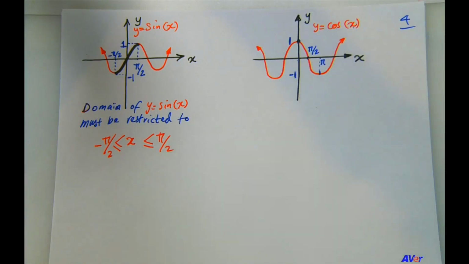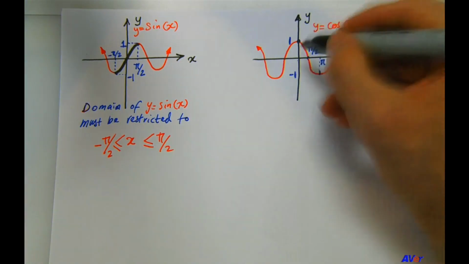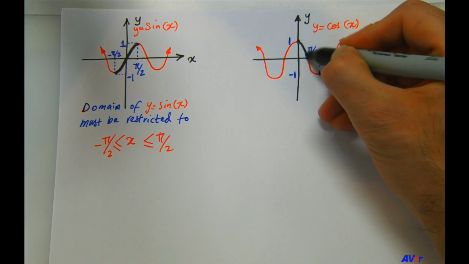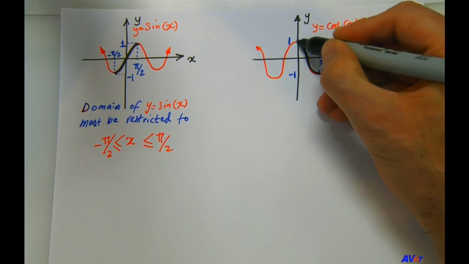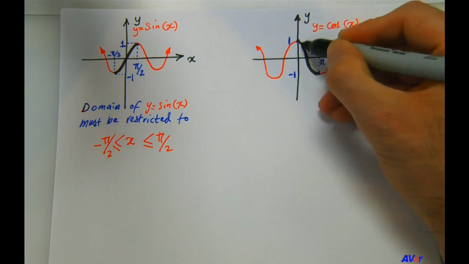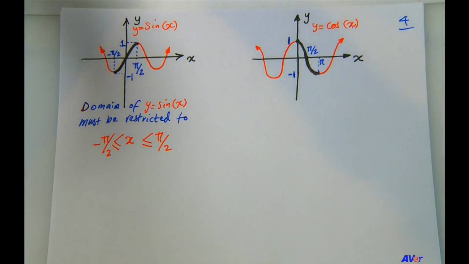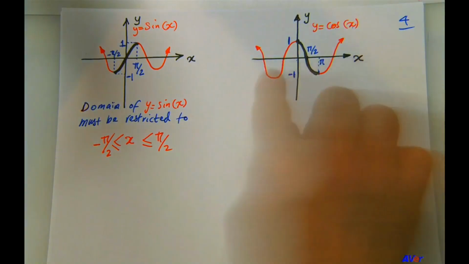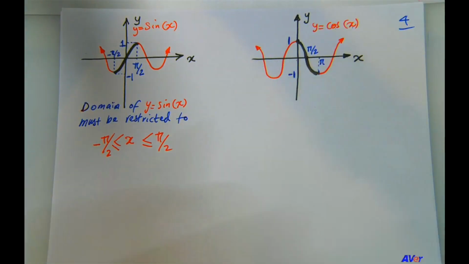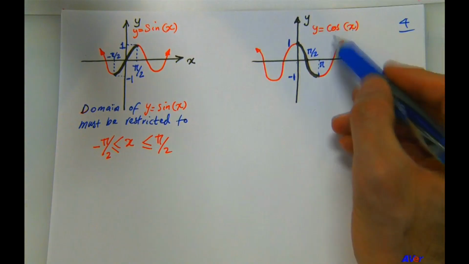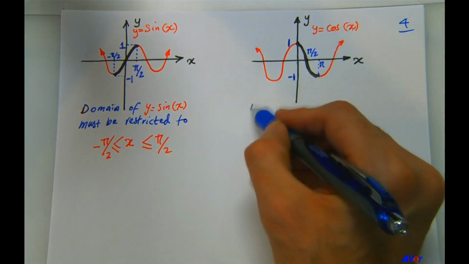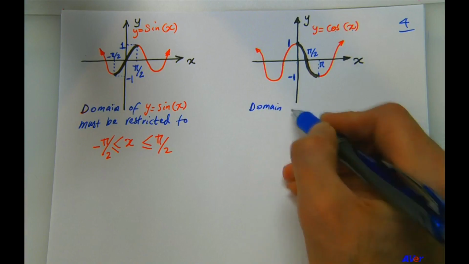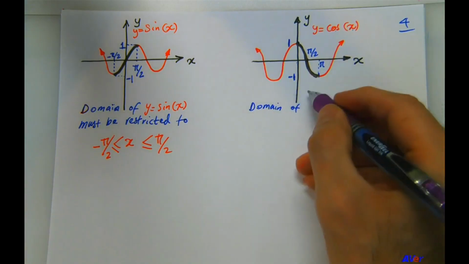So if we limit the domain of the cosine function to 0 to pi, like that, for sure that piece will have an inverse, because a horizontal line will intersect that thick black line at only one point. So if we want the cosine function to have an inverse, we must restrict its domain to 0 to pi.